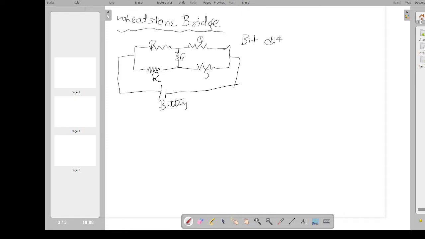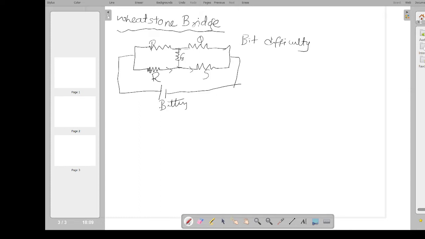The difficulty is because these resistors are not connected in series, this P and G, and even P and Q are not connected in series. Similarly R and G and R and S, and these resistors are also not connected in parallel.